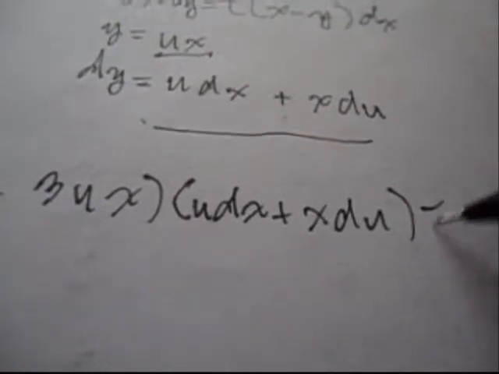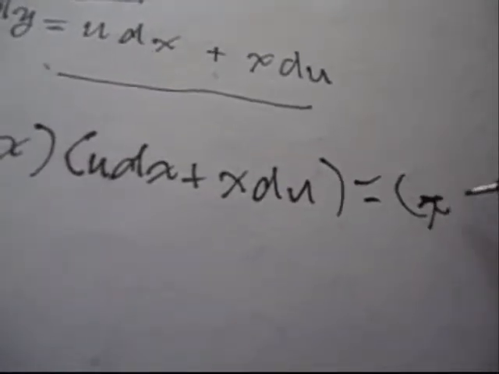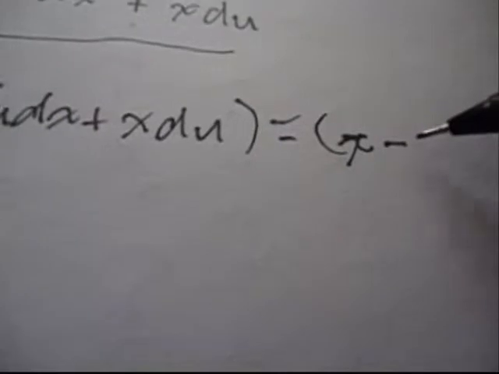Then to the other side we have x minus y. Since our y is equal to ux, we substitute it, dx.